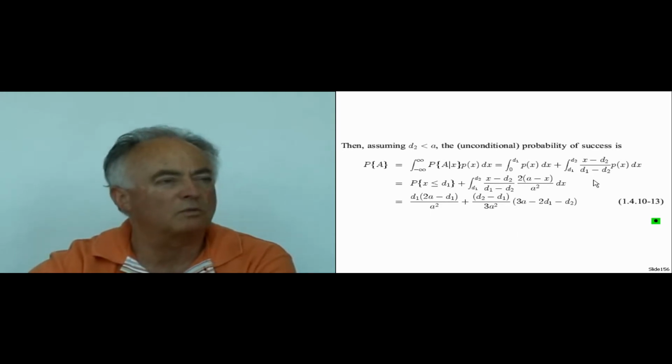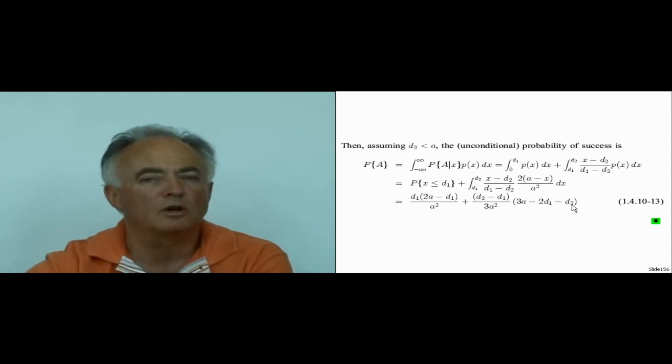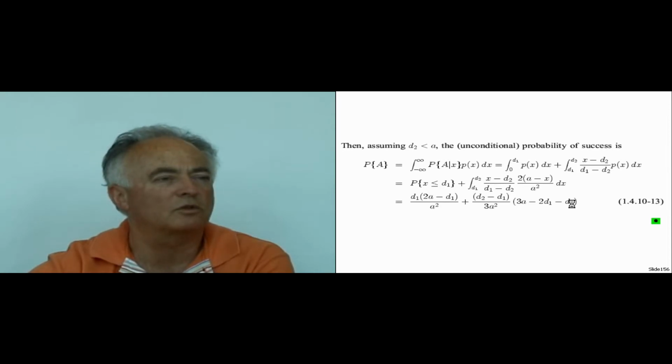The second, we have to carry out an integral, and we get some expression here. And the probability of x less or equal to d1 is the part of that, the area of the triangular distribution up to point d1, can be written here. And this is what we have now as the second one, where the probability of success in hunting goes towards 0.